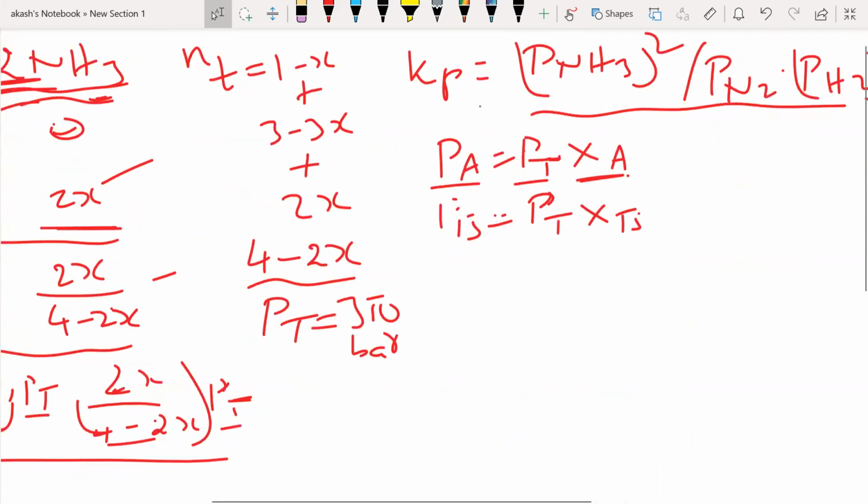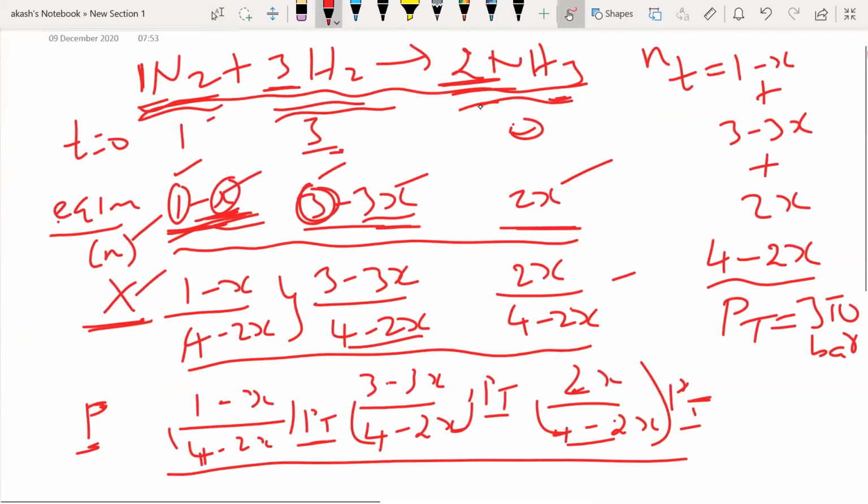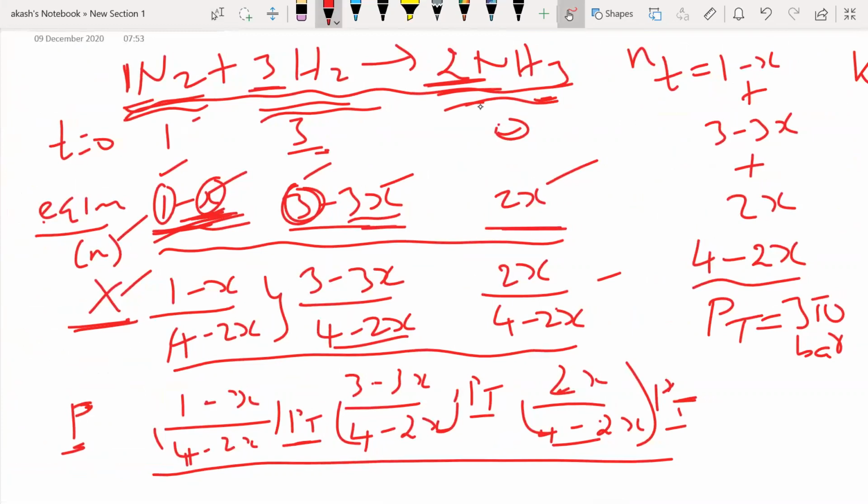I can just substitute it here, but there is a way to find your X value. So obviously we have to substitute all these partial pressures you have found out here in the Kp equation and find out Kp. That is okay. But what about this X, small x? How will you find that? 0.5, which is given.